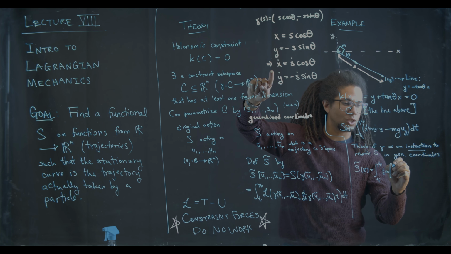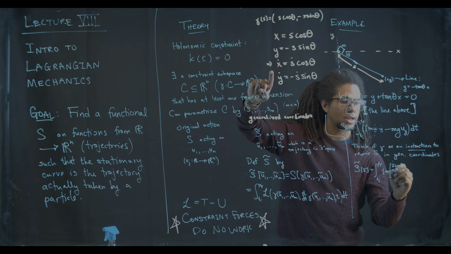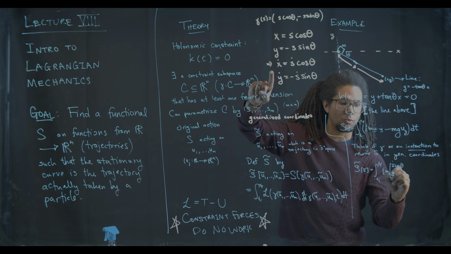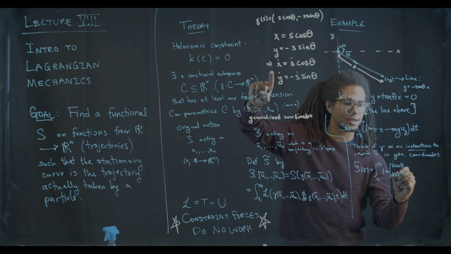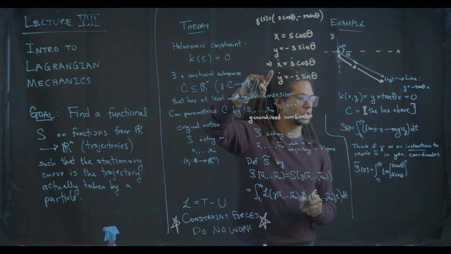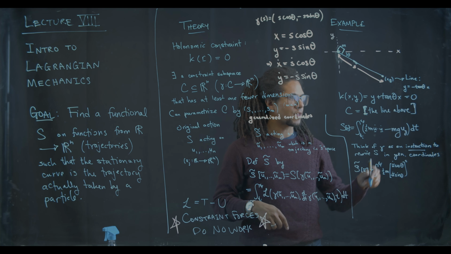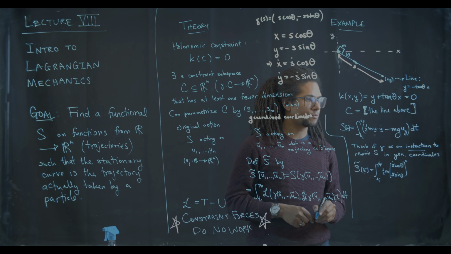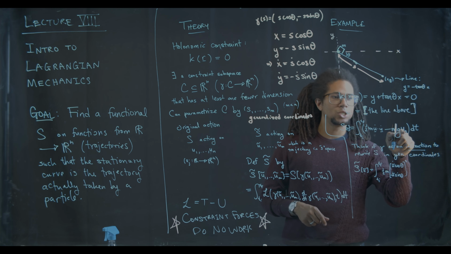Okay, so let me do that replacement. So first I have u tilde dot cos theta. Next I have minus u tilde dot sine theta. And then I have this vector squared. Okay, I'm just going to use the squared here to save a little bit of space rather than the dot product with itself. Then I have minus mg uy.